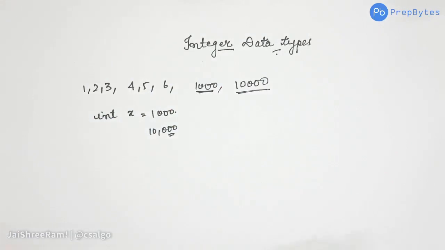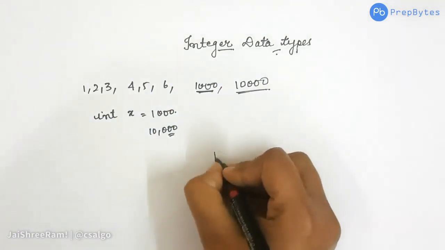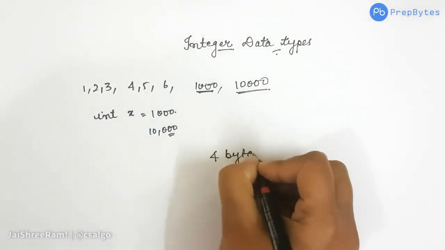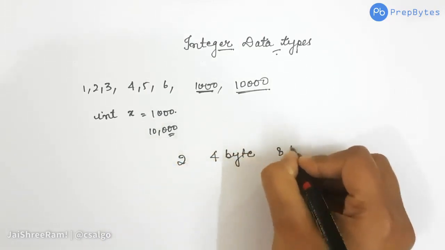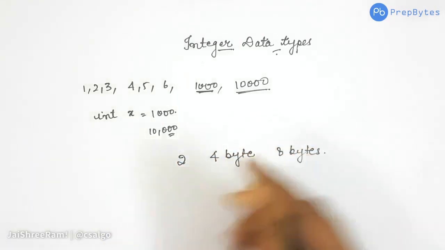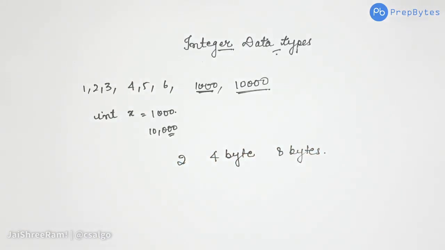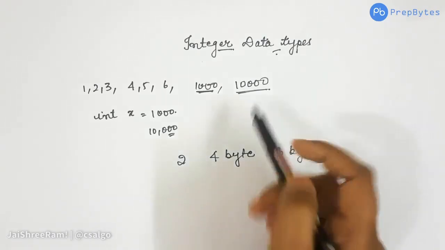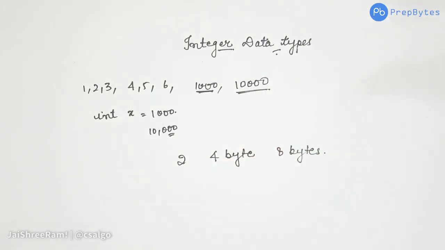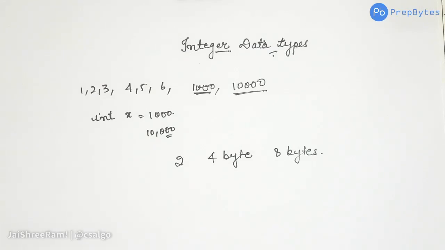So let's say it could be 4 bytes, 2 bytes or 8 bytes depending upon the size of the operating system. When I say size of the operating system, I mean that the operating system could be 32-bit or 64-bit. Depending upon that implementation, the integer data type changes. You need to listen to this point: the size of integer is equal to the size of the operating system.